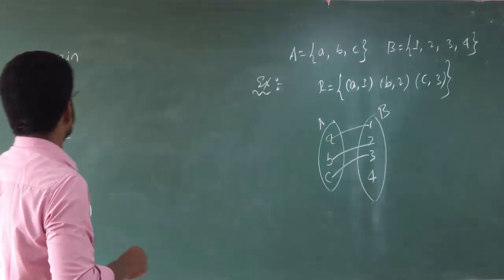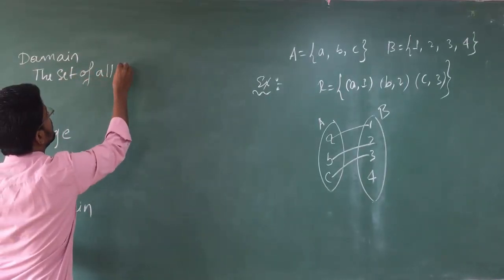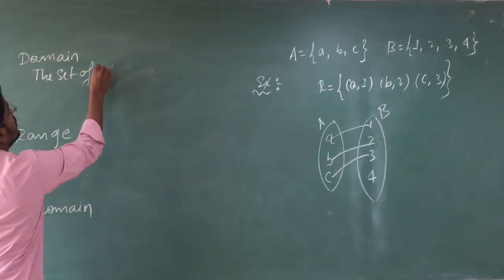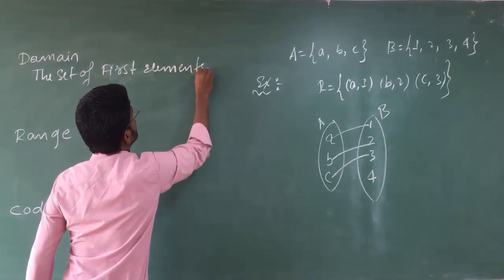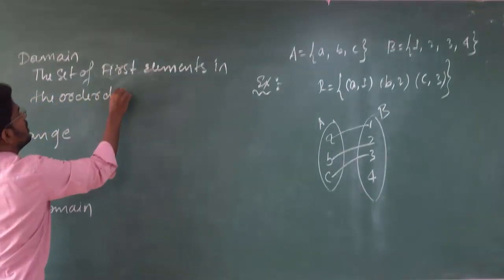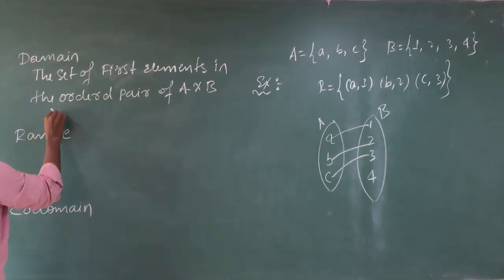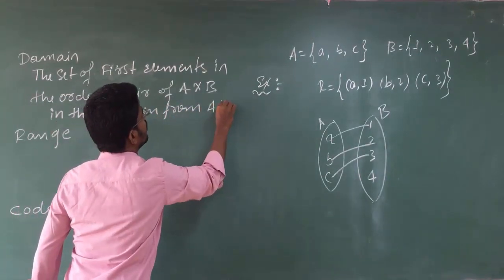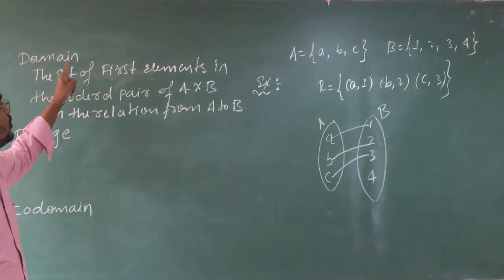Clear? Please understand, domain means the set of all elements, or the set of first elements in the ordered pair of A cross B in the relation from A to B. That means domain is the set of first elements.